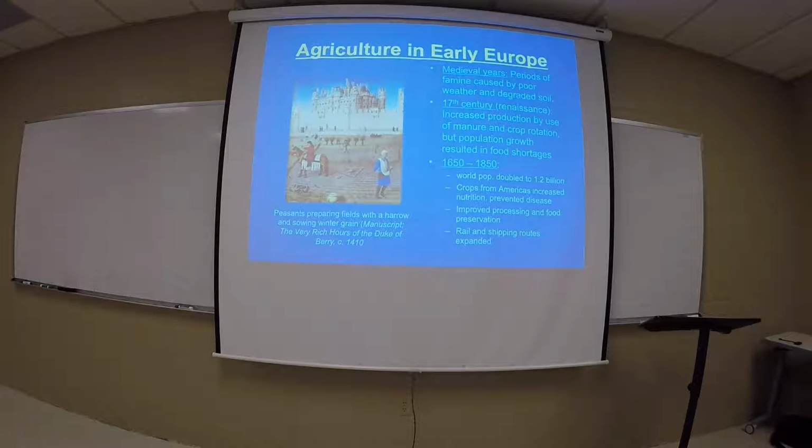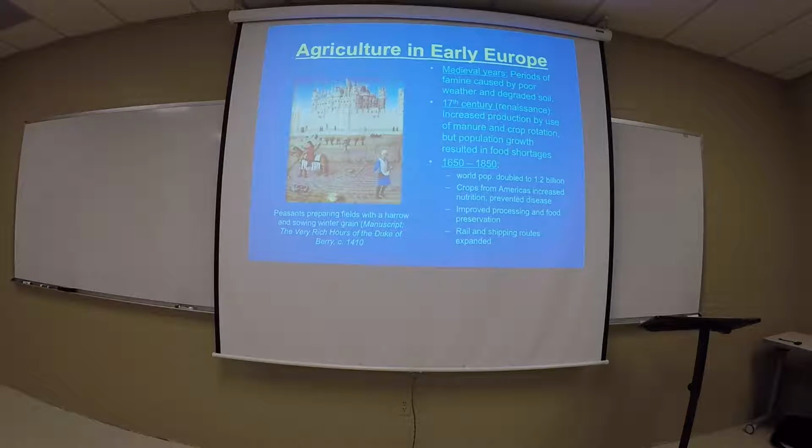But there still were some food shortages that were a result of too rapid population growth in some of these areas. And then in the period of 200 years from 1650 to 1850, the world population actually doubled from about 500 million to 1.2 billion. So that was a very rapid increase in population. But the Europeans actually benefited from crops that were imported from the Americas that provided better nutrition and prevented disease.